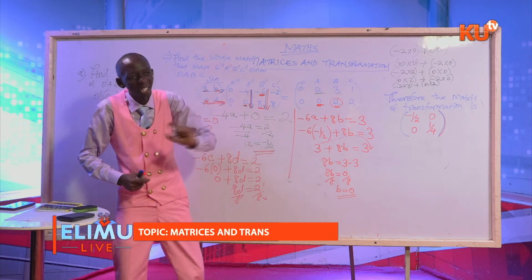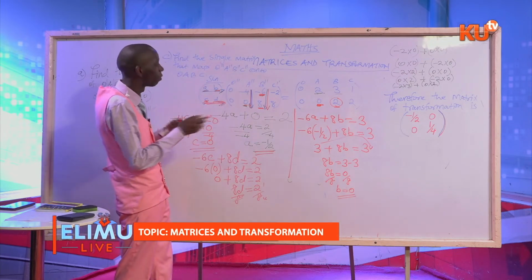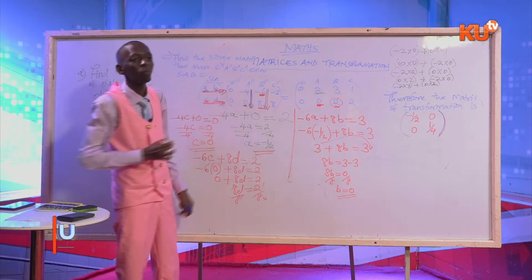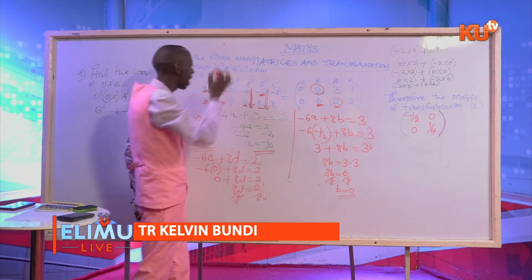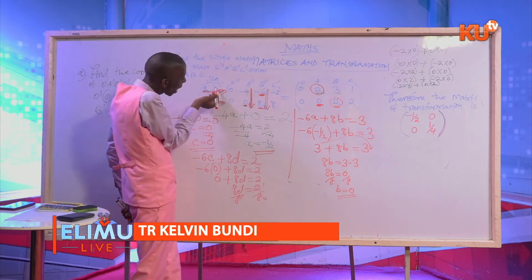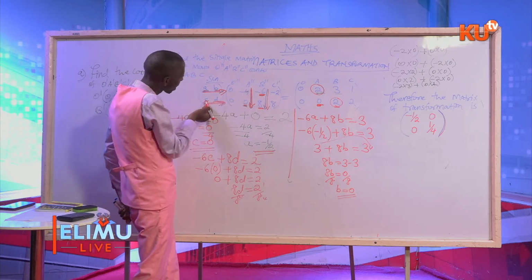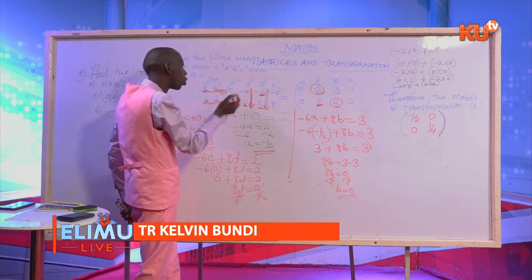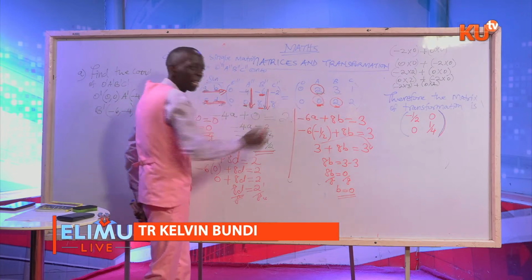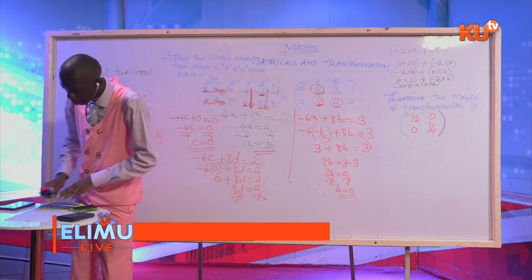And the concept of multiplication is first row, first column to give us the value there. This times this plus this times this to give us that one. This times this plus this times this, the second row, to give us this one. That is the concept of multiplying matrices.